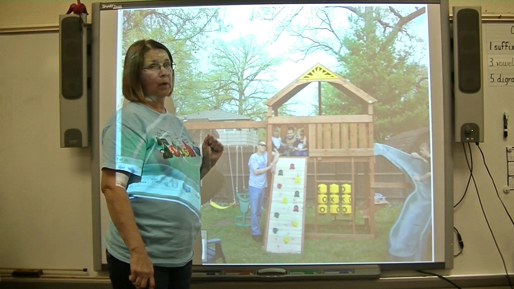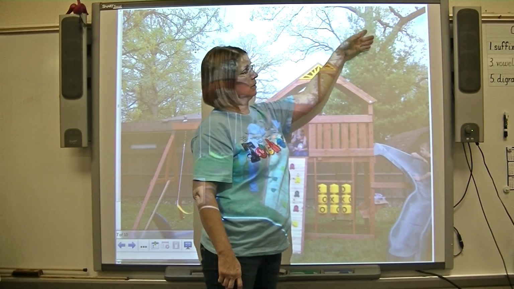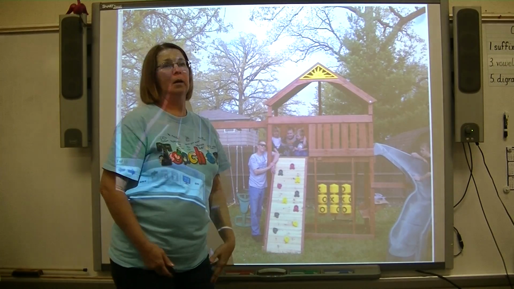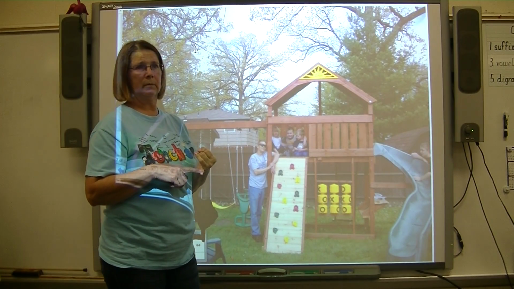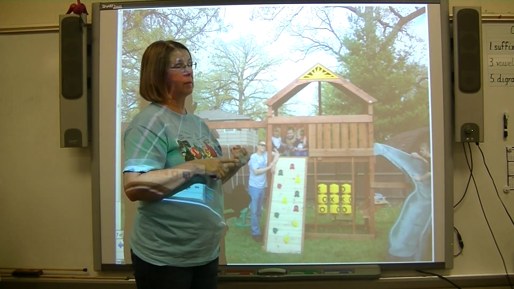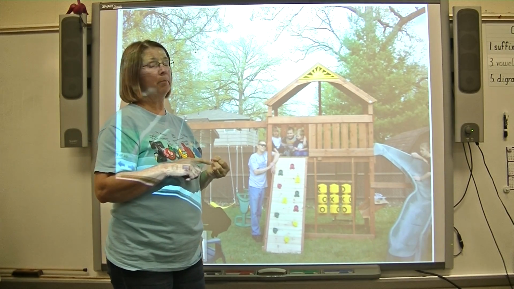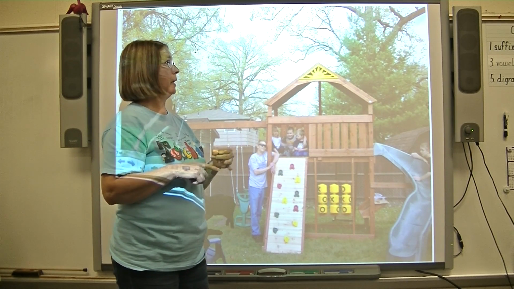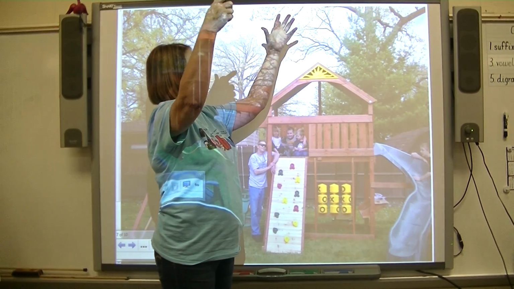Now I see something else in this picture. Let's talk about it. This tree right here. Does it grow? Sure it does, because once upon a time it was a little seed. Does it move? Yes, very slowly, but because it's growing, it is moving a little bit.